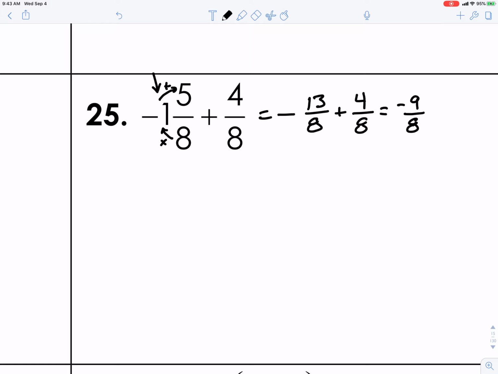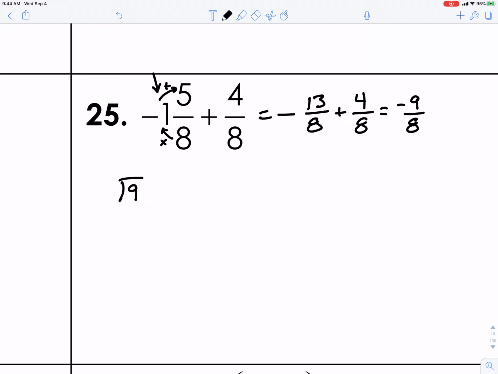Okay, -9 eighths. Well, again, my numerator is a bigger number. It's farther from 0, basically, than my denominator. So we know it's going to be a negative. So remember, our multiplication and division rules, if there's one negative, it's going to be a negative answer. Okay, so all I really care about is top dog goes in the house.